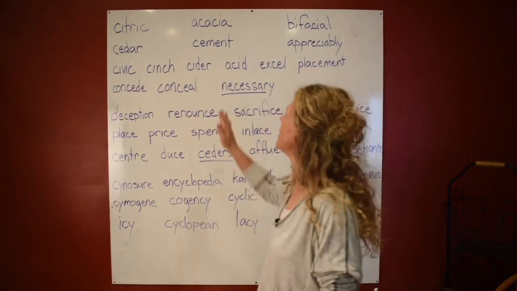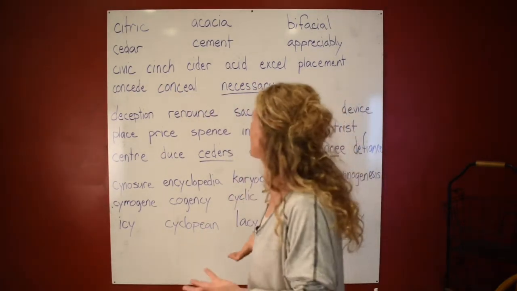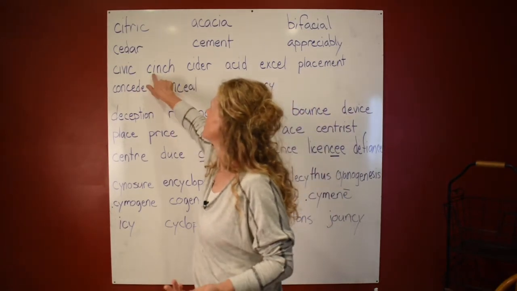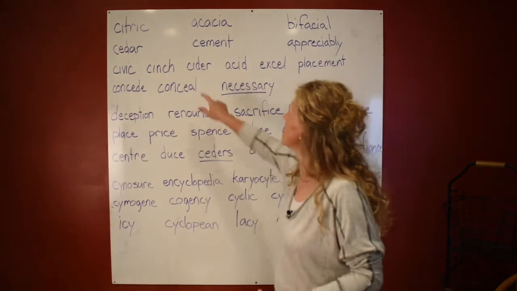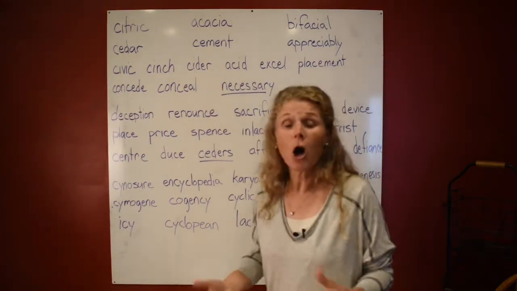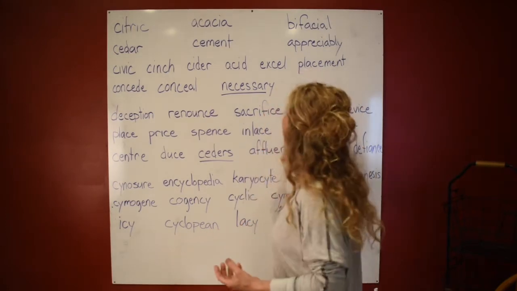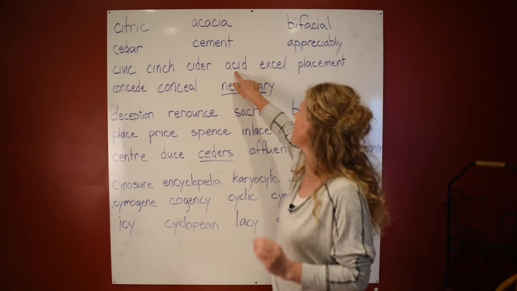Typically if they're at the beginning, you don't even have to look for another vowel. So this says cinch. This is saying S because this is an E, I, or a Y. Cider, this is saying S because this is an E, I, or a Y. And acid, this is saying S because it's an E, I, or a Y.